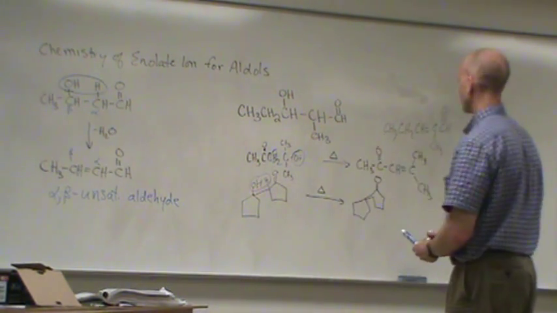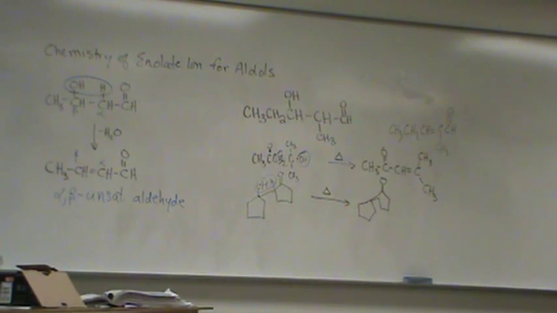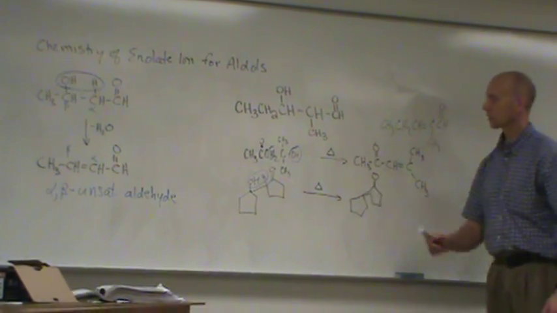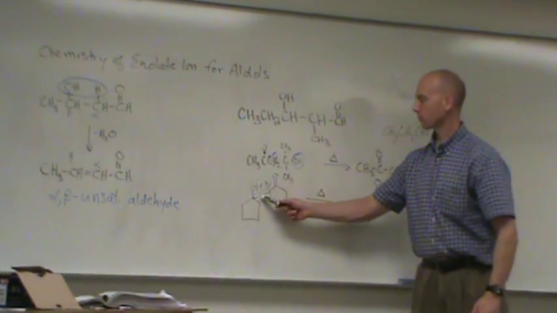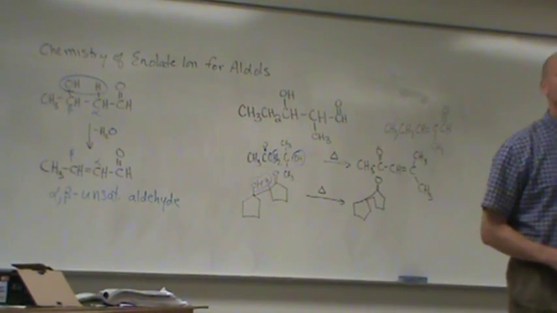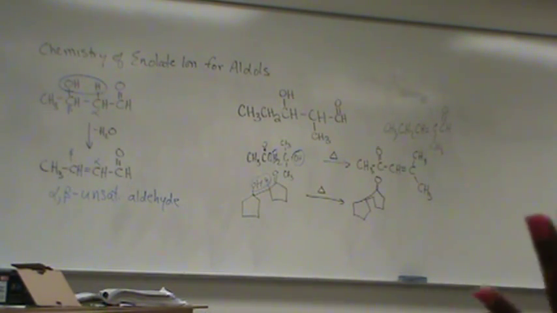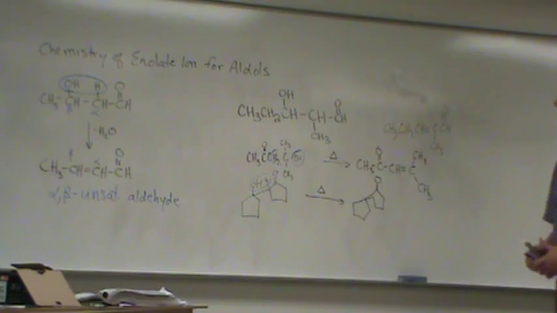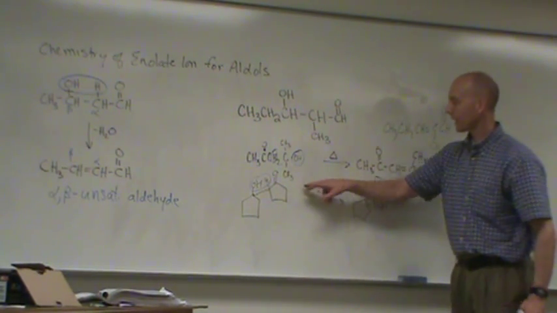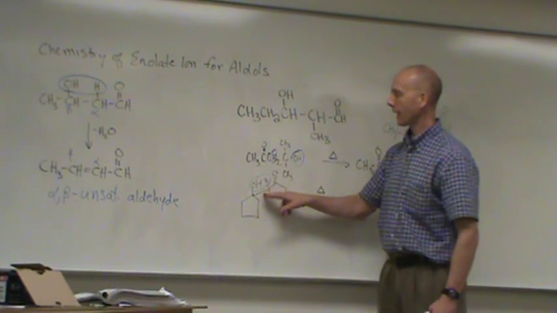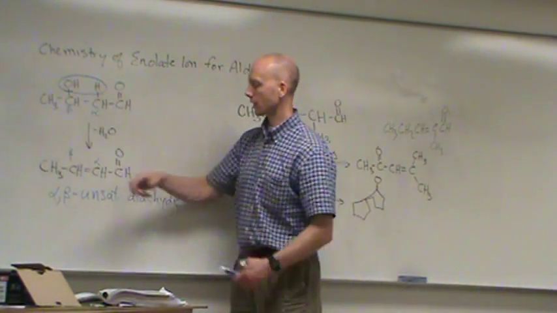So we get another alpha beta unsaturated ketone. So the double bond forms there. How many of you got the last one? Okay, about half. So this is what happens if you heat. Remember, triangle means heat. If you heat the aldol.